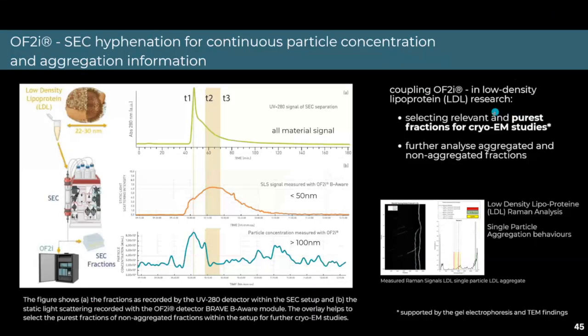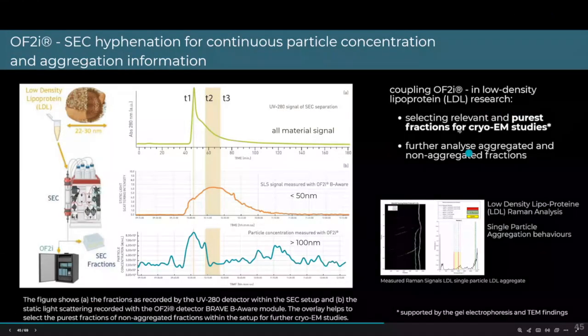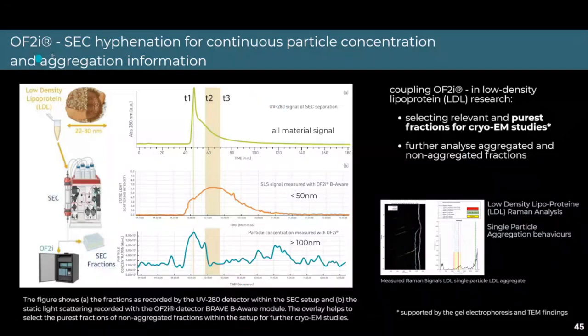Another challenge or next step we are working on is another hyphenation, where we combine OF2I with SEC. This can be really helpful to get information not only on plastic contamination, for example what is coming down from filter material, but also aggregation information as a total.